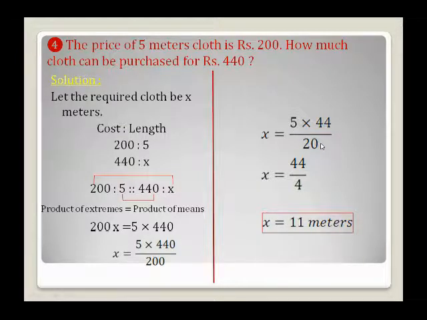Now students, here we cancel 20: 5 fours are 20. So we get 44 upon 4. 4 ones are 4 and 4 elevens are 44. So the value of x is 11, and meters is the unit in which the cloth is measured. The length of the cloth is 11 meters. It means that we purchase 11-meter cloth in rupees 440.